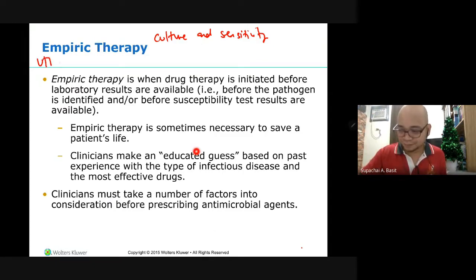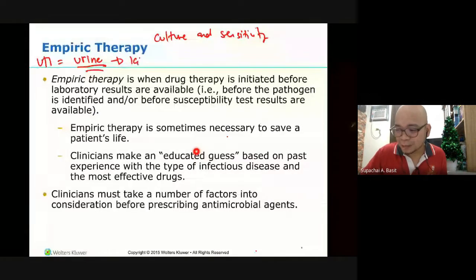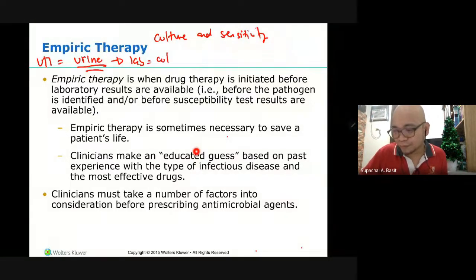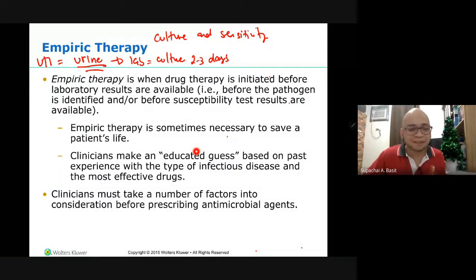Normally, you will have to collect the urine sample and send it to the laboratory for culture. It will take 2 to 3 days before the bacteria are cultured and eventually identified, and eventually the medical technologists will perform sensitivity testing.